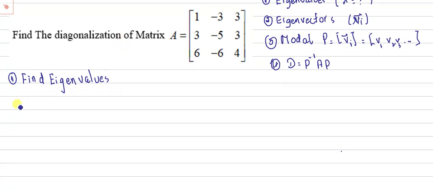The characteristic equation, I can write lambda cubed. This is the cubic equation.